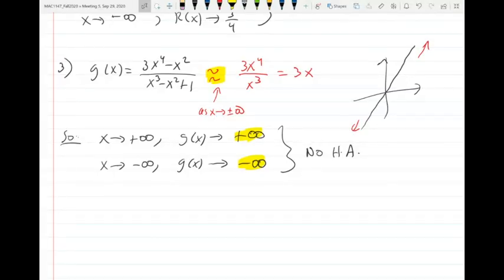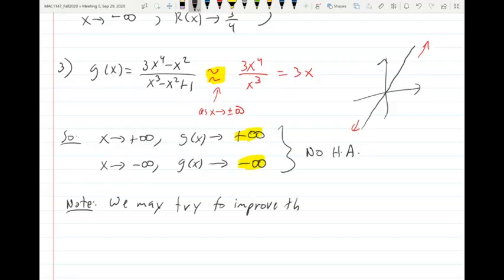Okay? So far we have an approximation. So here is the idea. Note, we may try to improve the approximation that we initially gave. What approximation?